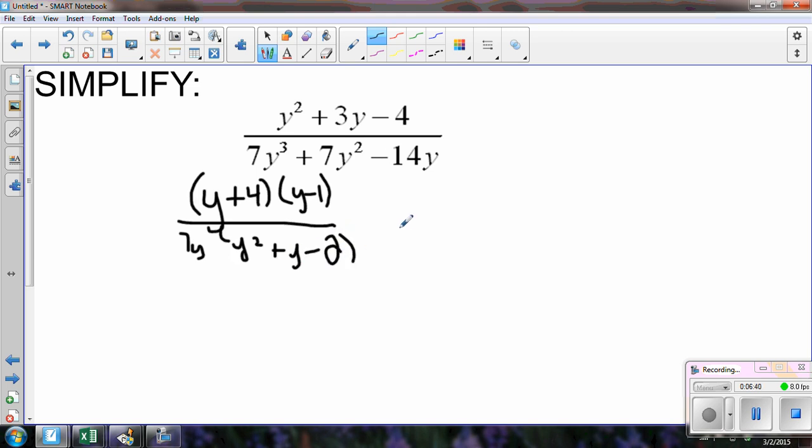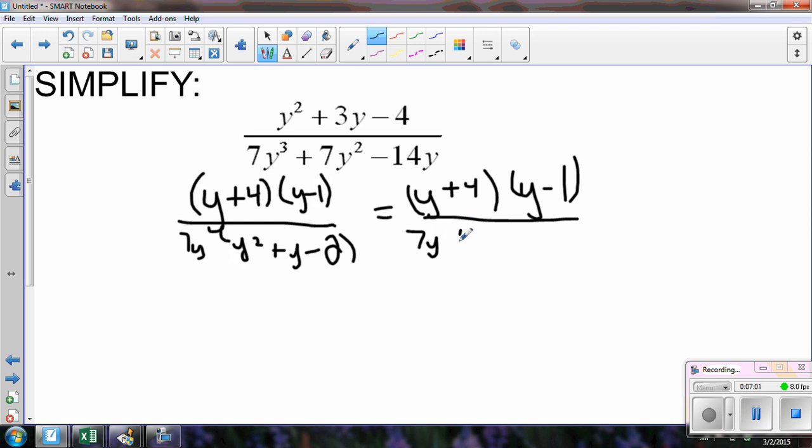And you realize that this trinomial will simplify even further. So you have y plus 4 and then you have y minus 1. In the denominator, you have 7y, y plus 2, and y minus 1.